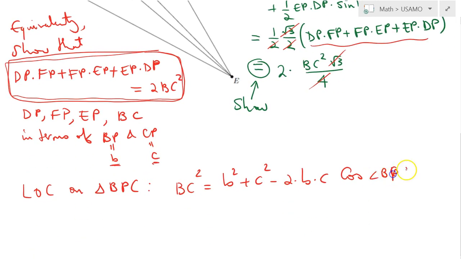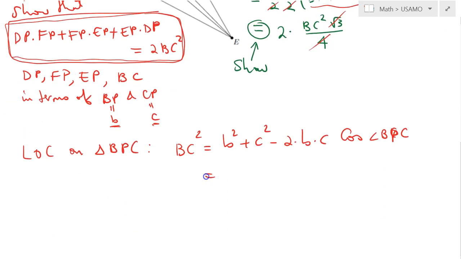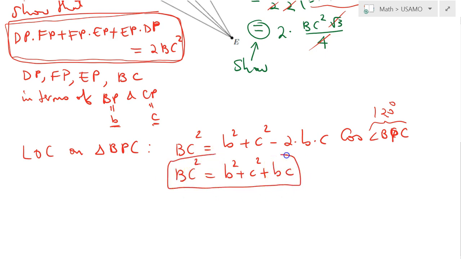But angle BPC, as you can see here, obviously is 120 degrees, and cosine of 120 is equal to minus cosine of 60 degrees, which is minus 1/2, namely finally giving us b squared plus c squared plus bc, because the 1/2 and the 2 will cancel out. So that's our BC squared.